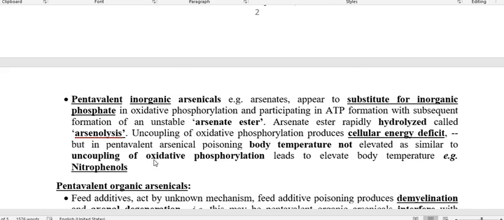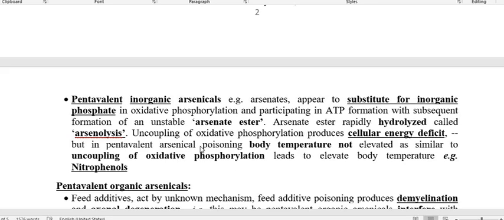But in this poisoning, body temperature does not get elevated. A similar type of toxicant, nitrophenol, also uncouples oxidative phosphorylation, and in that toxicity body temperature gets raised, but this is not found in arsenic.